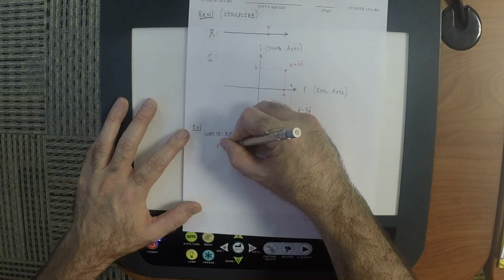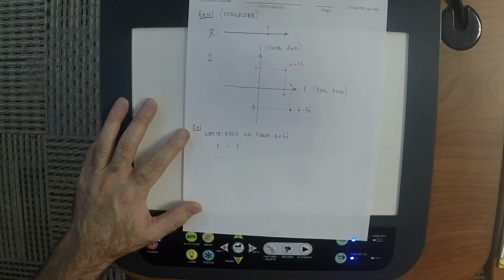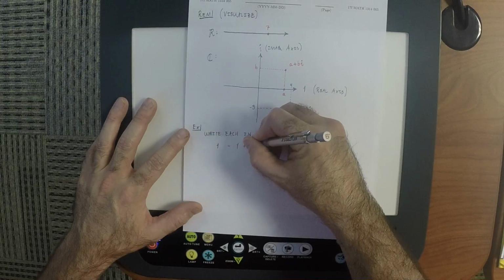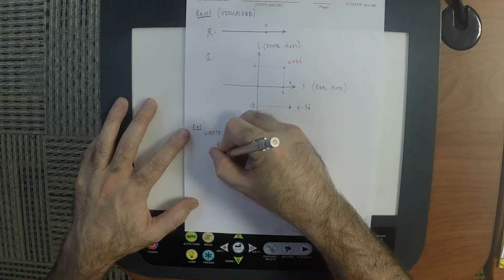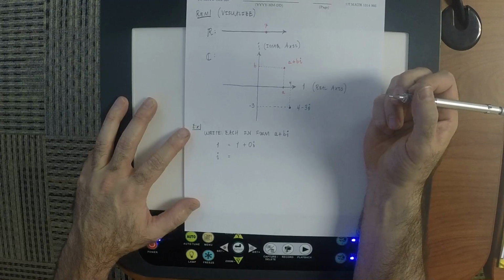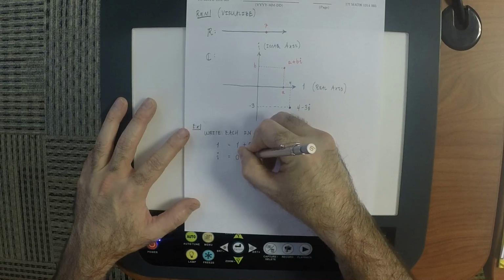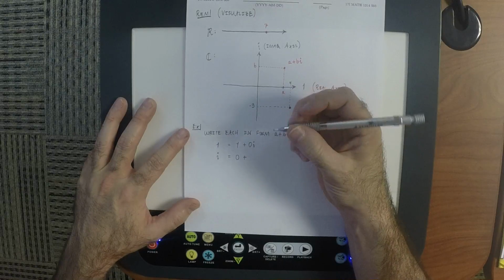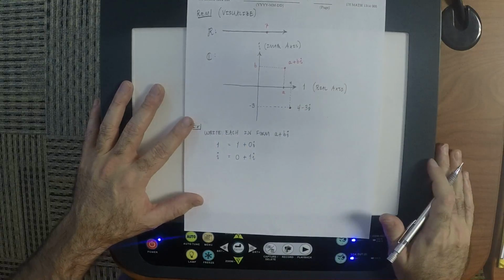Well, what's its real part? 1. And what's its imaginary part? 0. So this could be written as 1 plus 0i. Okay, similarly, please write i in the same way. So what's its real part? 0. And what's its imaginary part? 1, right? Its coefficient is 1. So 0 plus 1i.